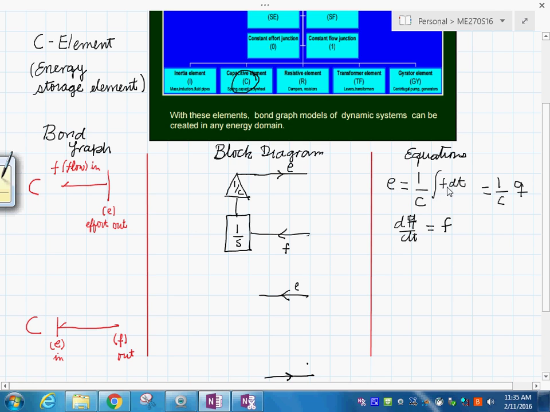And so it follows that since dQ dt is equal to F, consequently you have that dQ dt is equal to C times dE dt. Do you see now? I'm going to use a different color to emphasize something that is really obvious, but this is obviously the integral form.